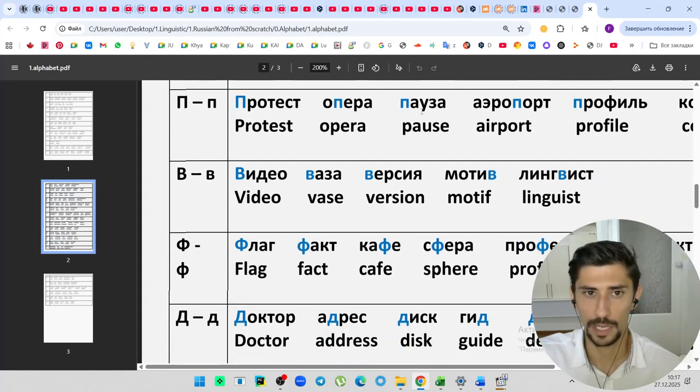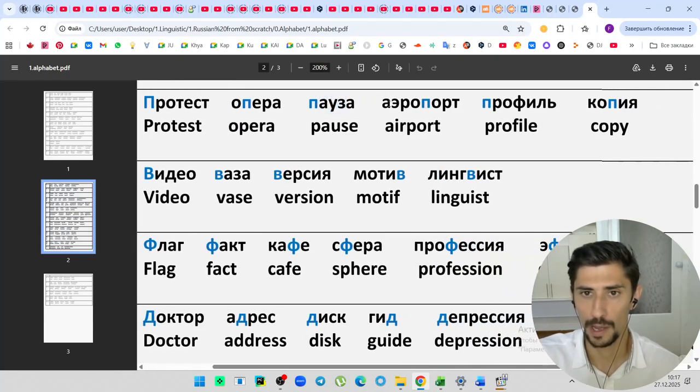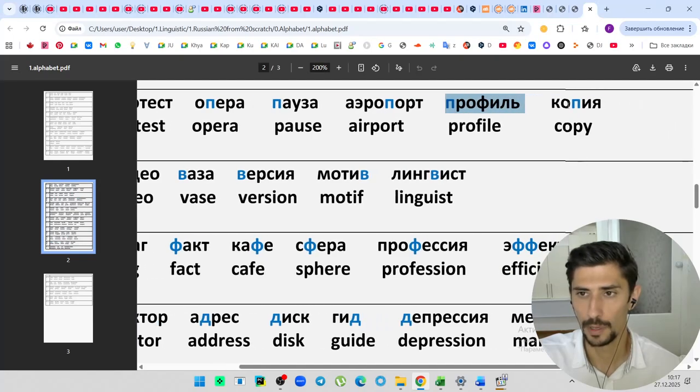Okay, next letter is actually P. Протест. Опера. Пауза. Next example. Аэропорт. Профиль.